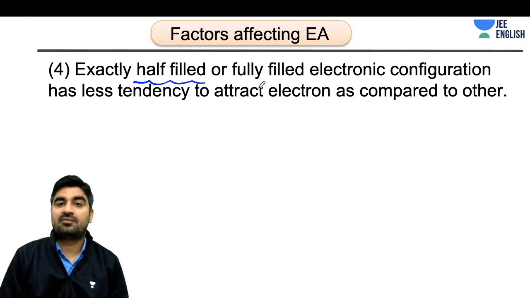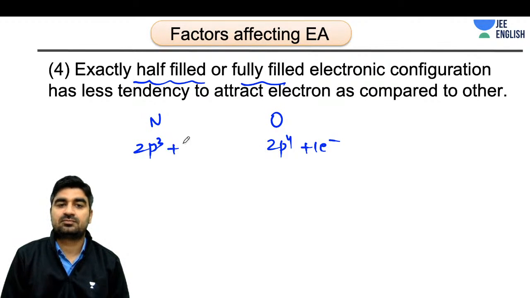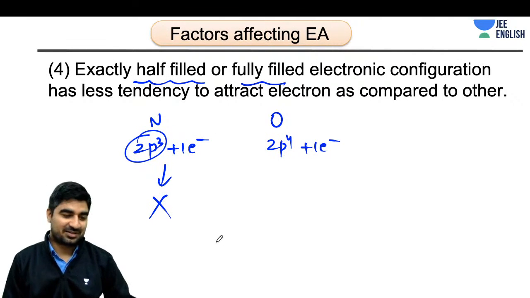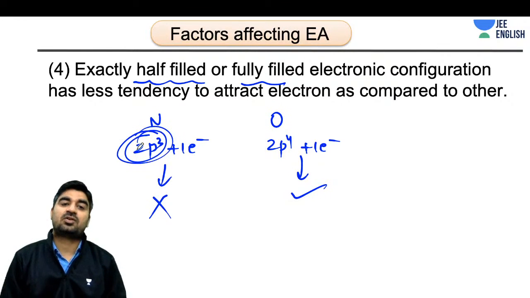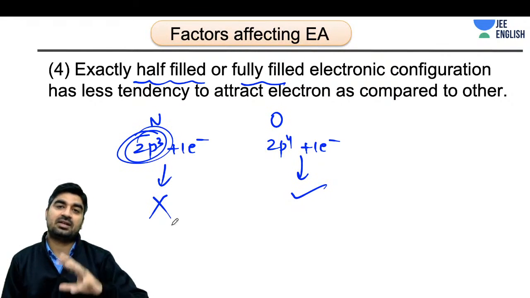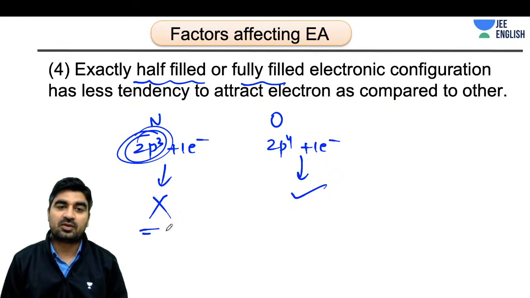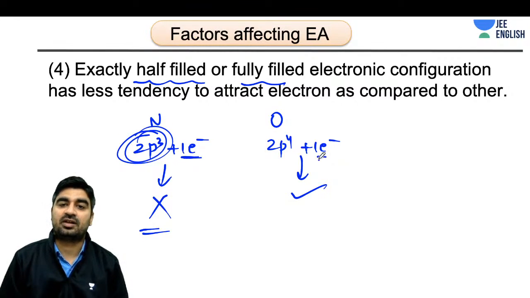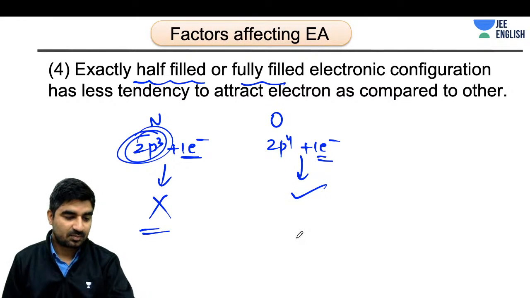Then again, exactly half filled or fully filled. If I talk about nitrogen, 2p3, 2p4. If you add one electron, this is stable. It does not want to add one more electron. If your element has exactly half filled or exactly fully filled configuration, then it is not going to gain electron, right?